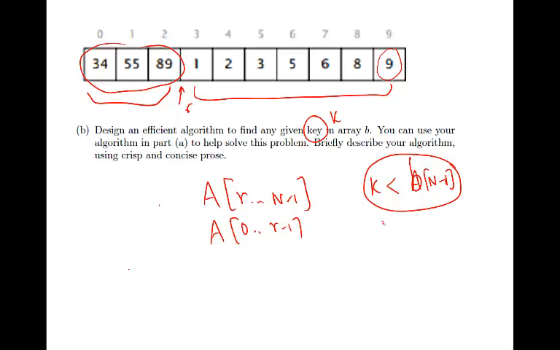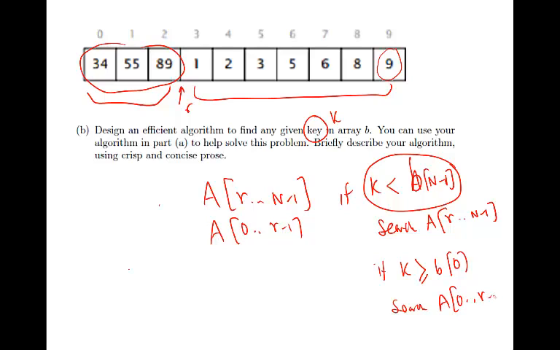So then you search in this case the array from R to n minus 1. If K is bigger than or equal to B of low, in this case B of 0, then you want to search the array segment from 0 to R minus 1.